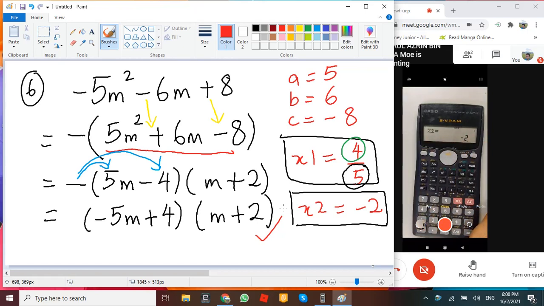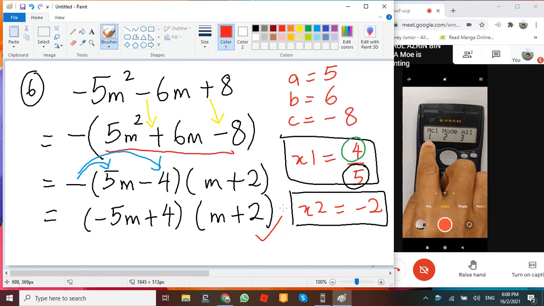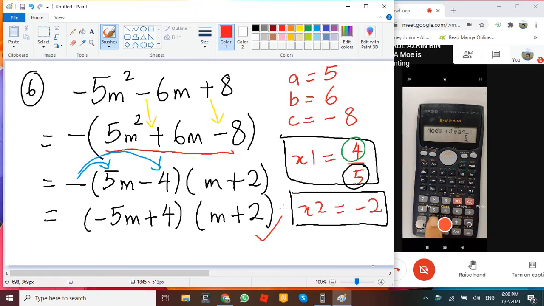So MCL for memory clear, 2 for mode clear, and then for everything. I want to choose mode. We want to reset the mode. So press number 2, and then you press equal, and then you press AC.